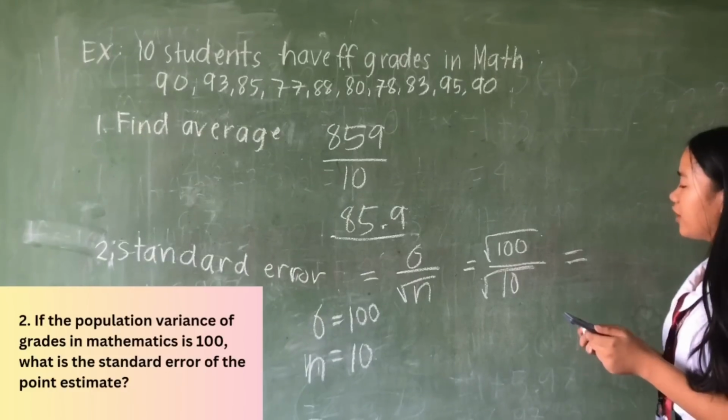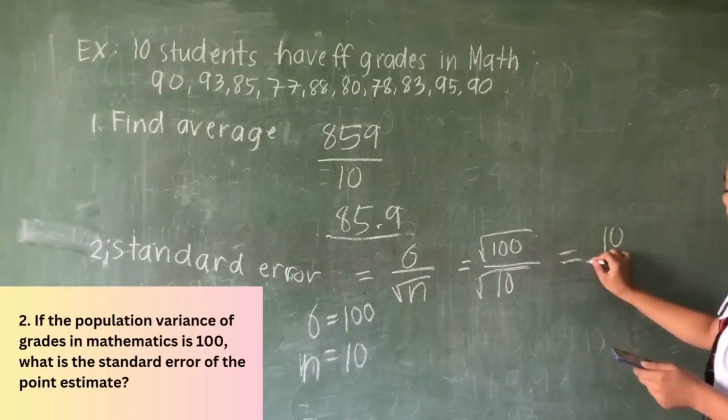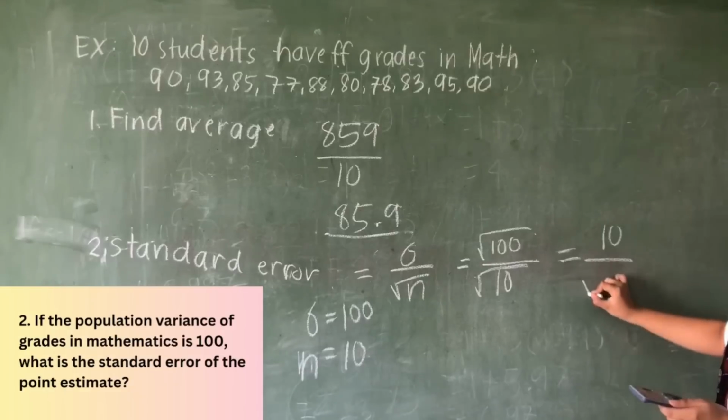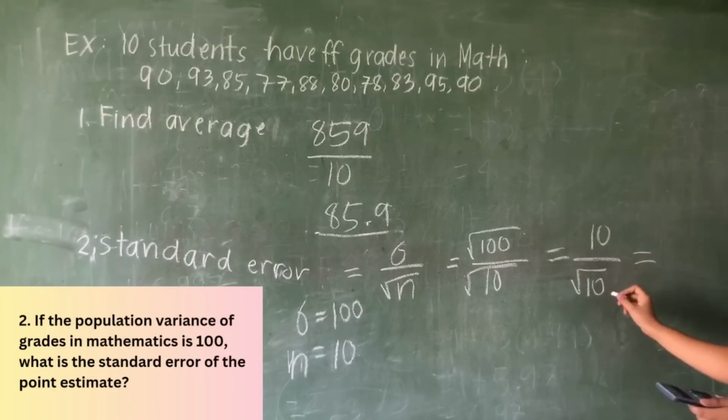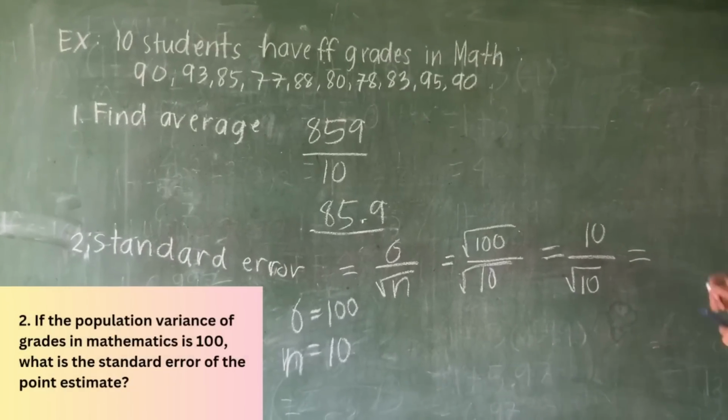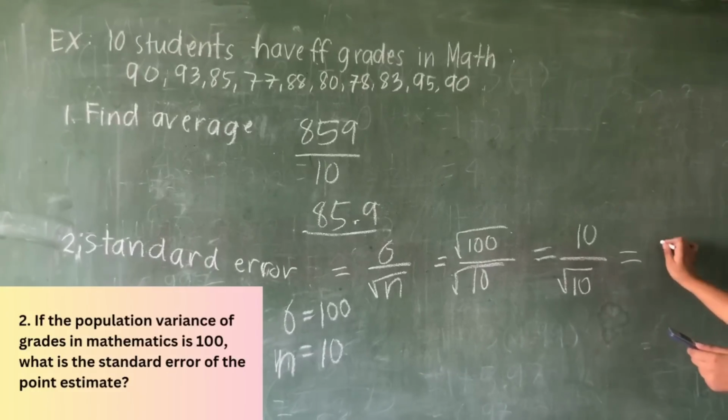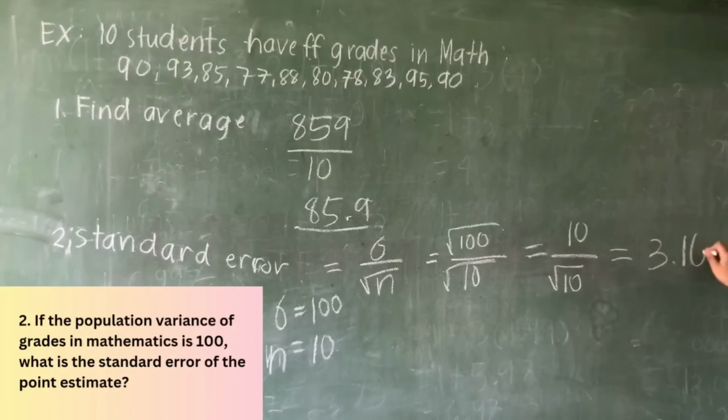The square root of 100 is 10, and copy. Then solve: 10 all over the square root of 10 is equal to 3.16.